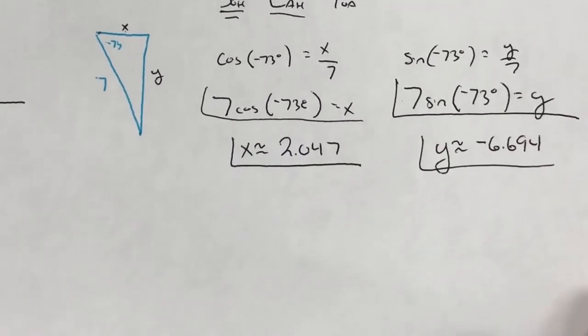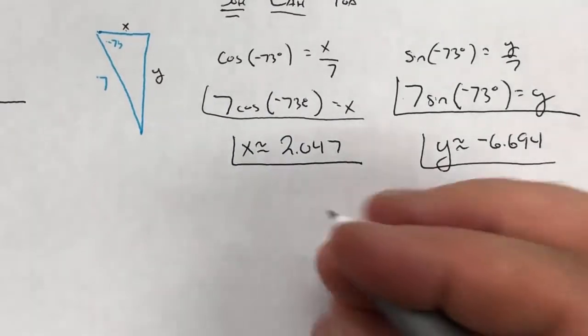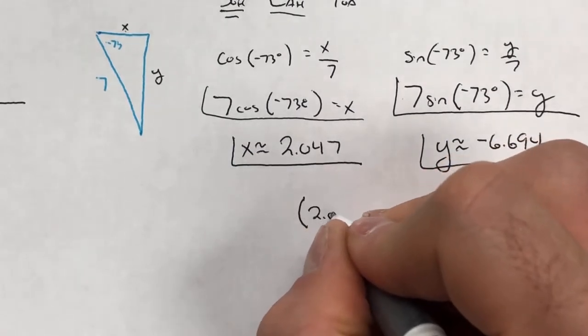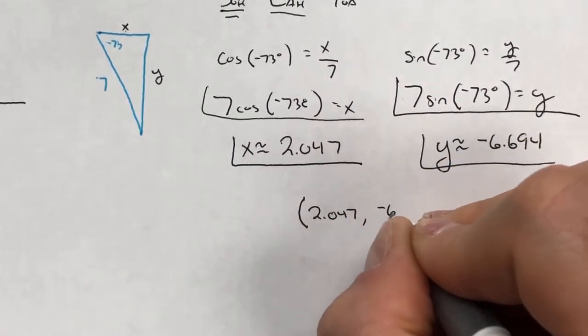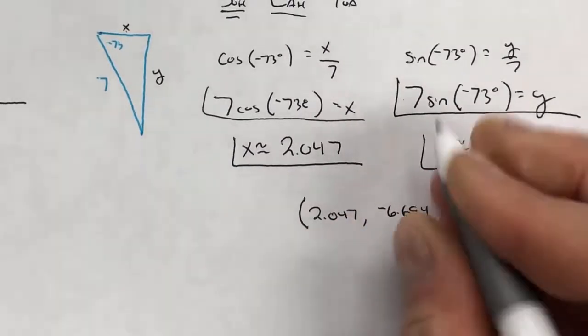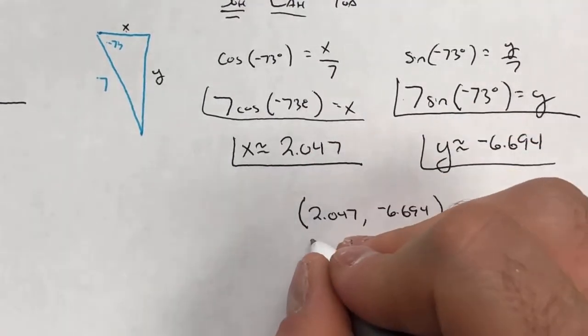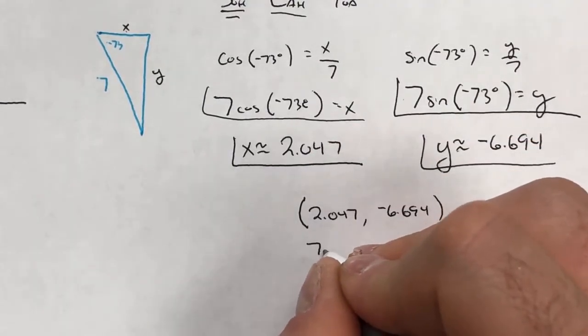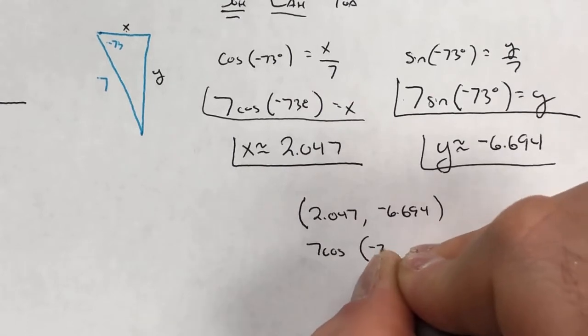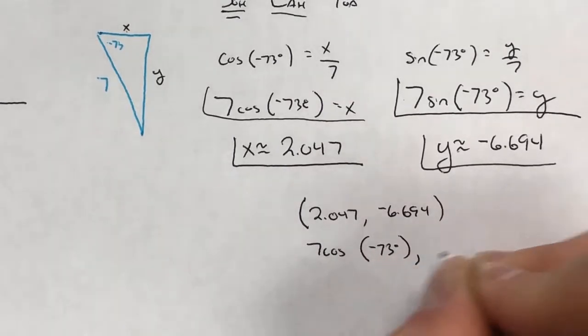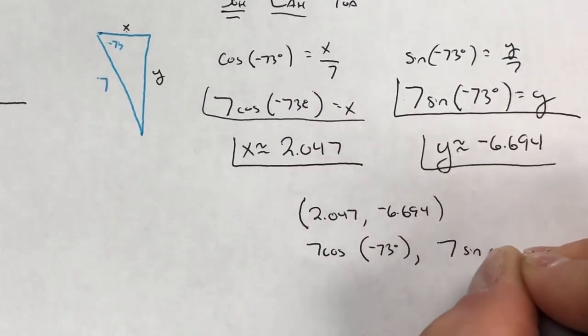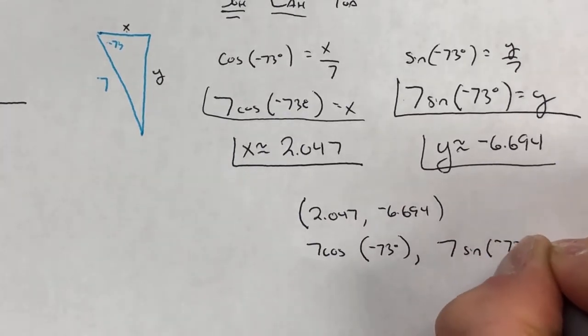Okay, so I have two possible answers here. If I want approximate, 2.047, negative 6.694. If I want exact, 7 cosine of negative 73, comma, 7 sine of negative 73.